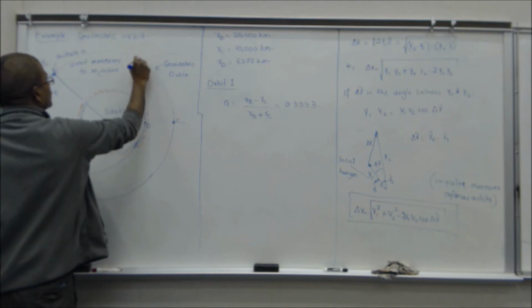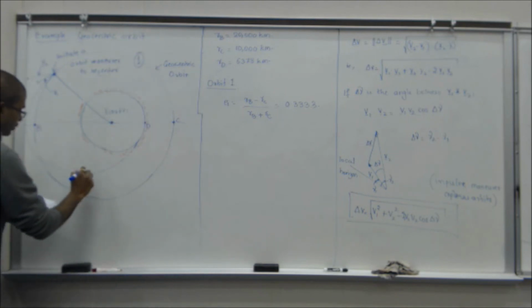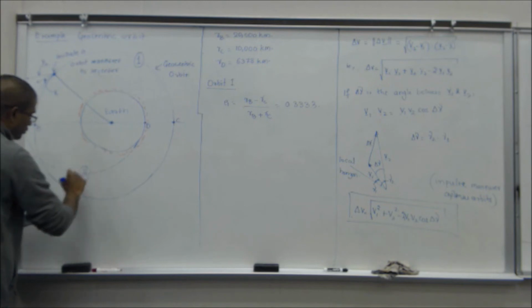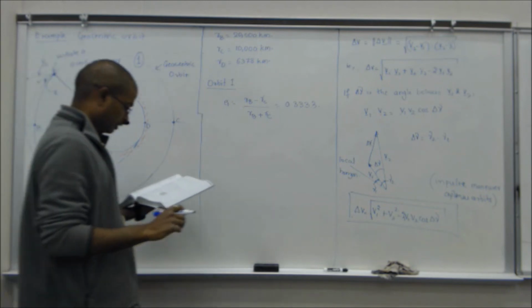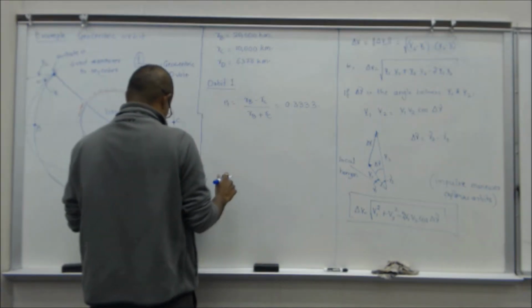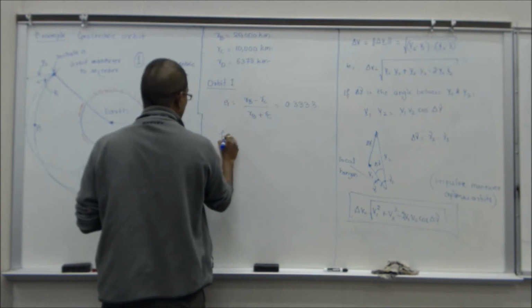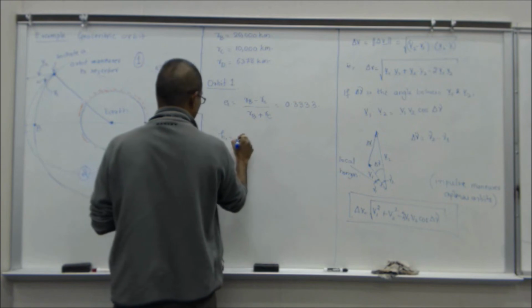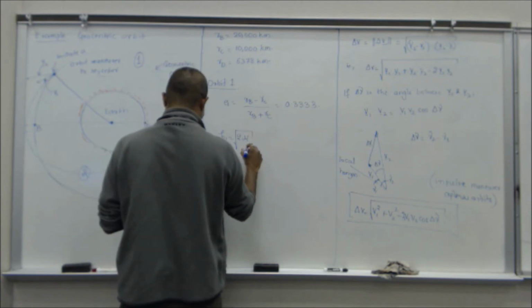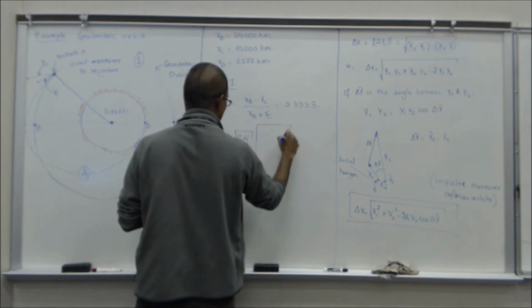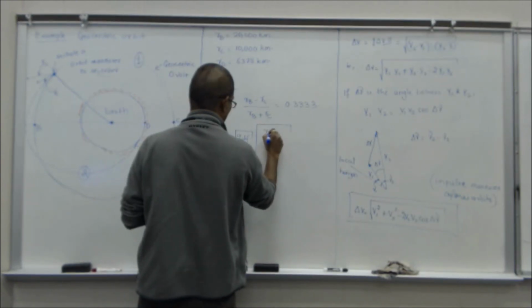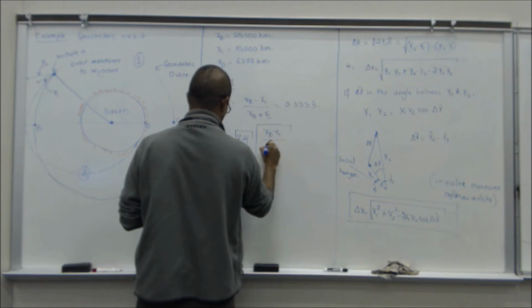This is the first orbit, and of course this is the second orbit. H1 is 2 mu RB, RC.